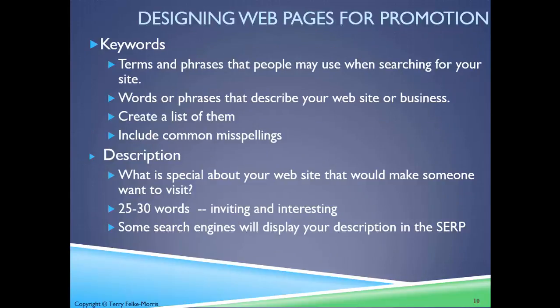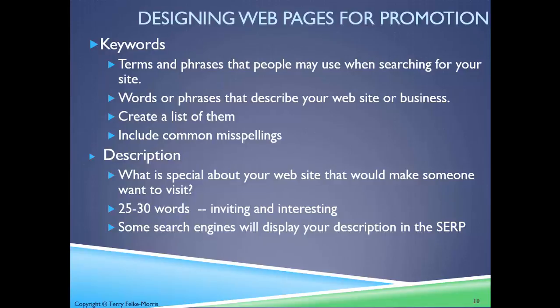Well, now they talk next here about designing pages for promotion. Okay? So what we'll get into, and you've seen the one meta tag before. That one meta tag we've used has been to let the system know for your character set that you're using UTF-8 encoding.